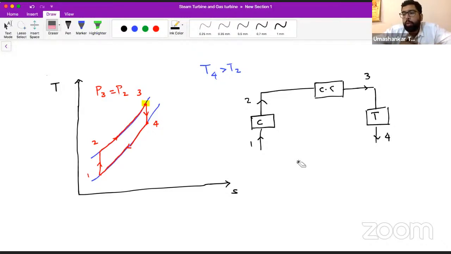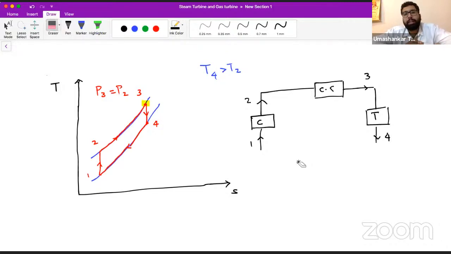Okay, so now as the air is getting exited from the turbine, it is still having some high temperature. That means it is having some high heat energy.